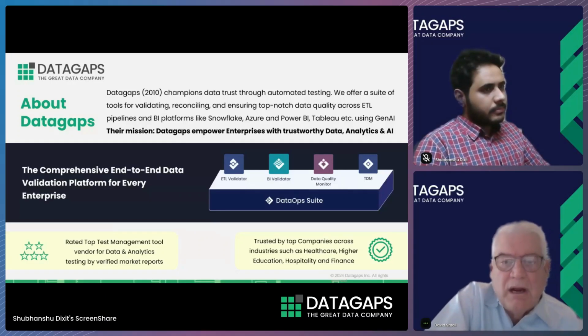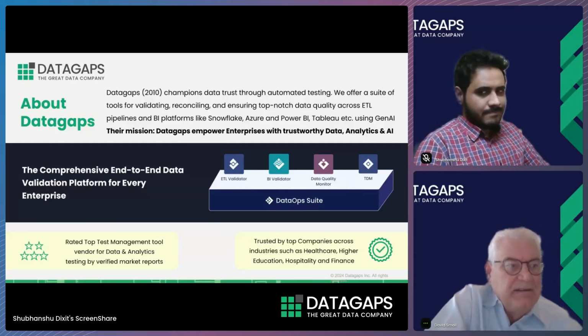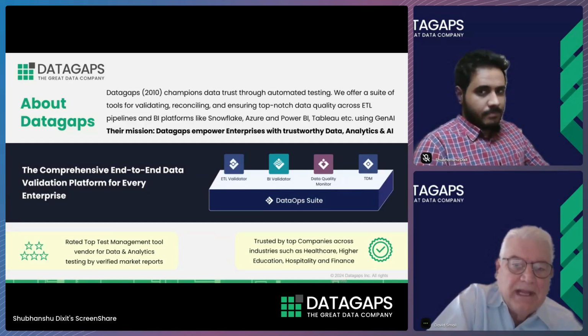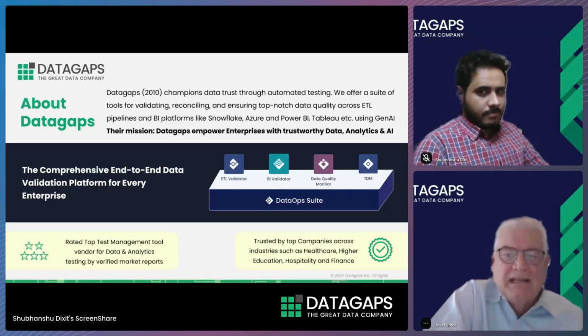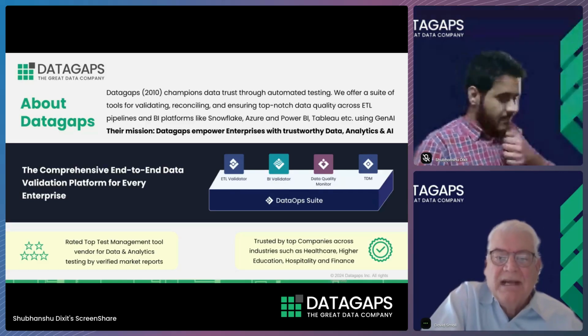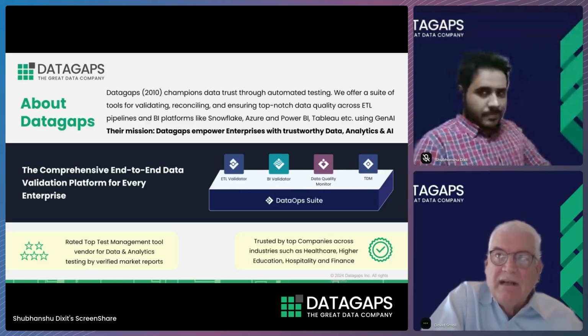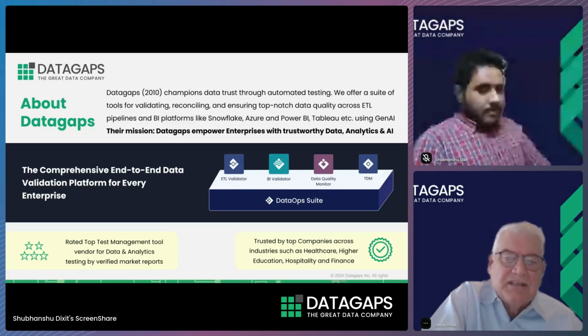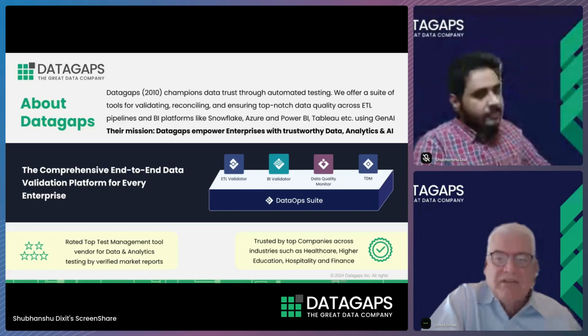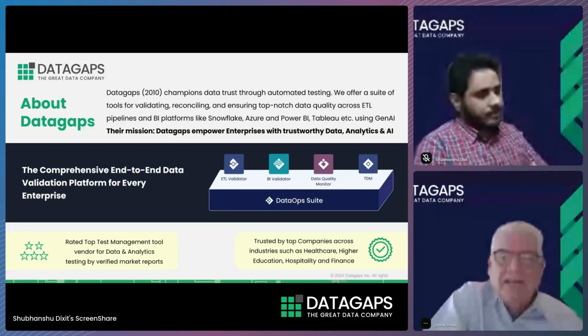There are 4 products in the DataOps suite. The first one is the ETL Validator. It does data quality management, data quality rules, and profiling. It independently validates your ETL processes. We also have BI Validator, which helps with regression testing and performance testing, and we do visual comparisons to identify any anomalies between reports.